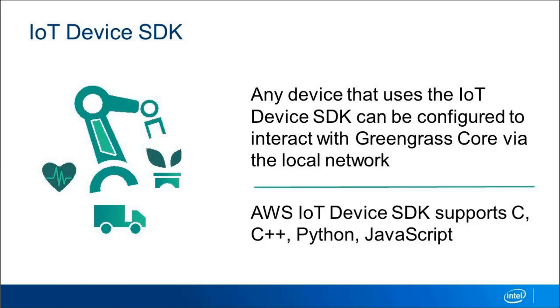Then you would connect your smart thermostat, your smart doorbell, and let's say a smart toaster to the gateway over either a local area network, if those devices have connectivity, or any other interface that they might have. So each one of these devices is going to be assigned a certificate by Greengrass in order to ensure that only authorized devices can communicate to the core.